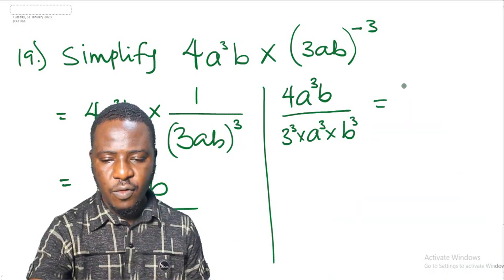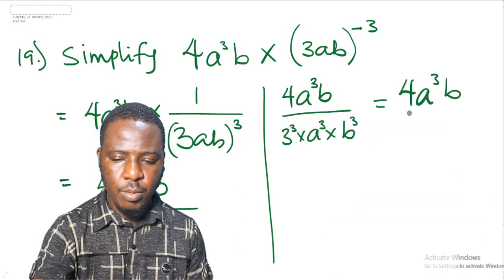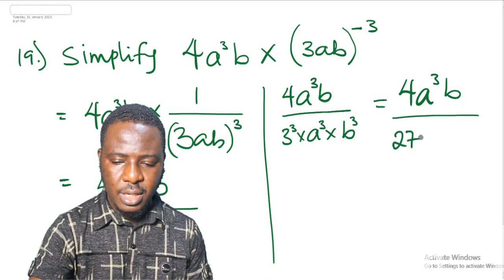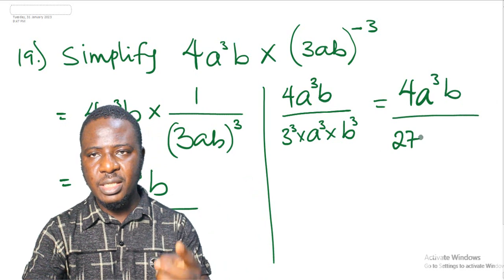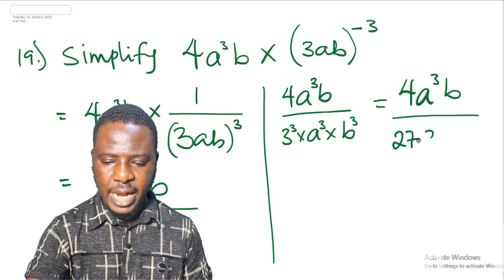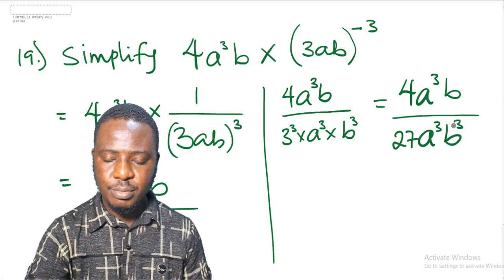This will give us 4a cubed b divided by 3 cubed, which is 27. That simply means 3 times 3 times 3. 3 times 3 is 9, 9 times 3 is 27, times a cubed b cubed.